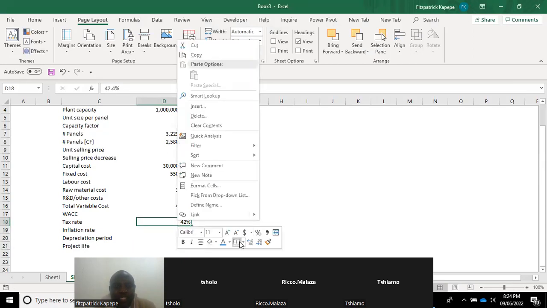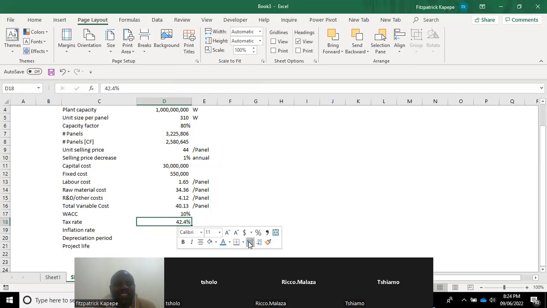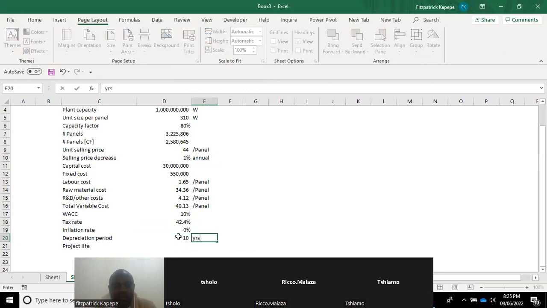So the moment you see tax there and see depreciation, you will know that you will need to use your depreciation to calculate the tax. Then now you can go into your cash flows nicely. Depreciation period, we have been given 10 years, and project life, 10.